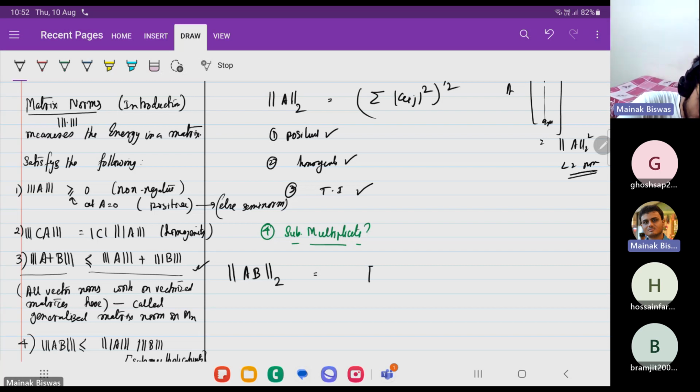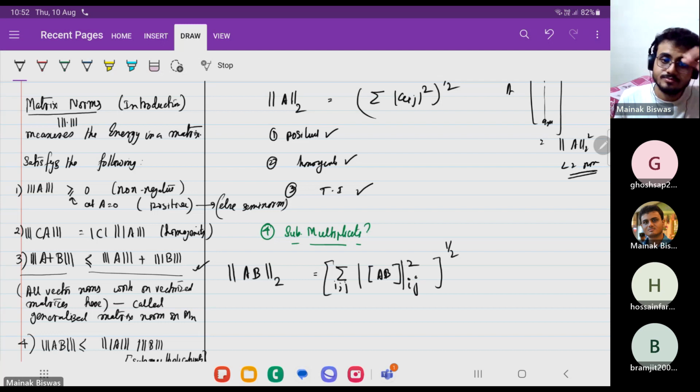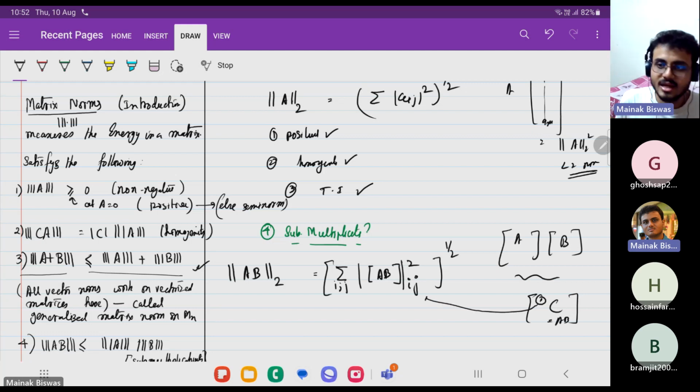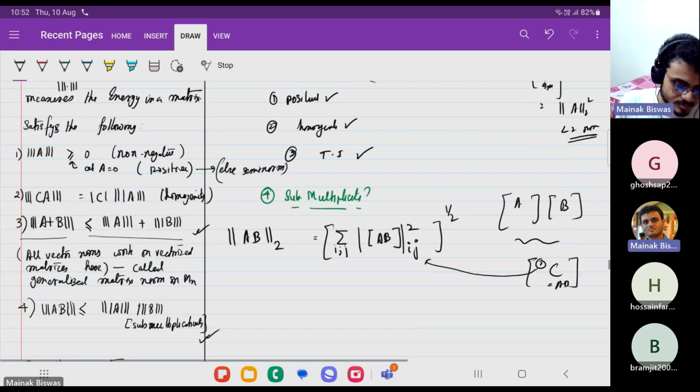So do you see that this is equal to the square root of the summation over i, j of (AB)_ij squared, right? I have A and I have B, I multiply them to get C, which is nothing but equal to AB, and I am taking the squares of each element, right? This is the definition, no problem. Yes or no?